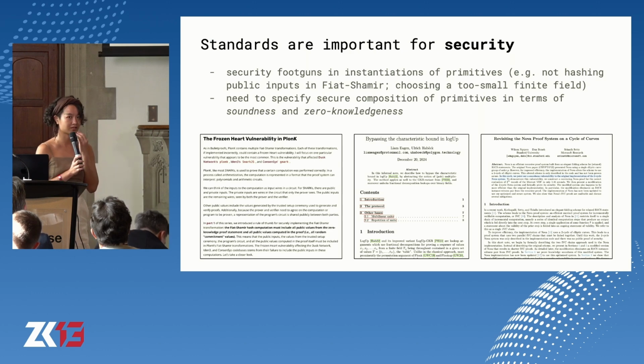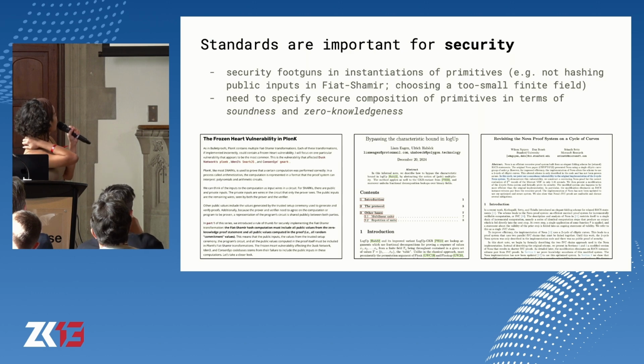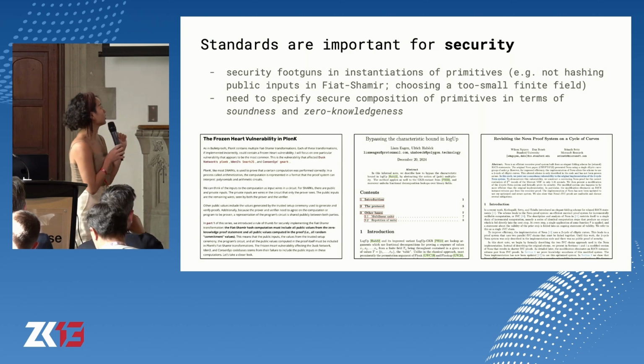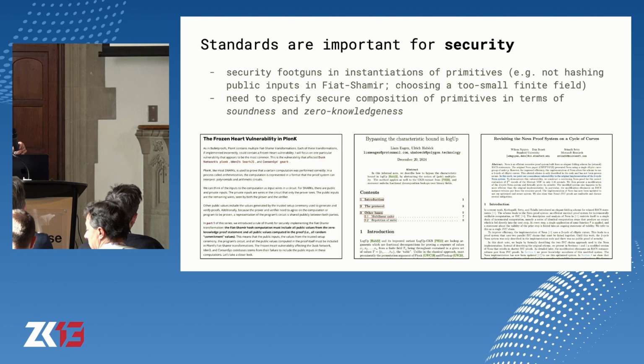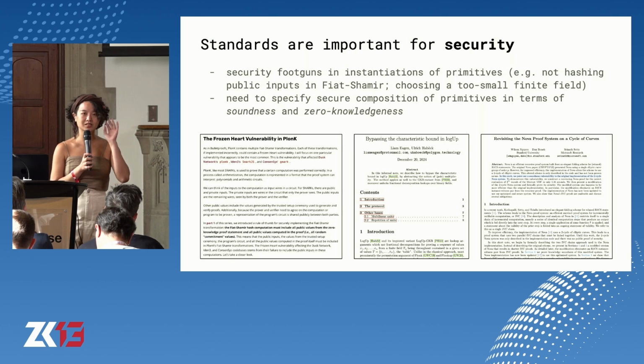There was one very recently with Solana, I think. And then, like there's certain arguments that you need to be careful about what field you choose. And so basically, it's kind of like specifying a cipher suite. You need to specify what combinations of primitives within the cipher suite are secure.